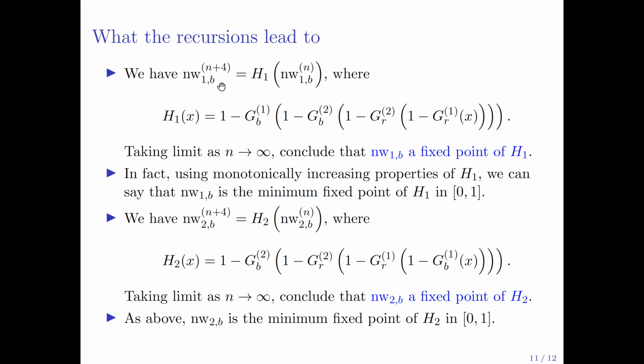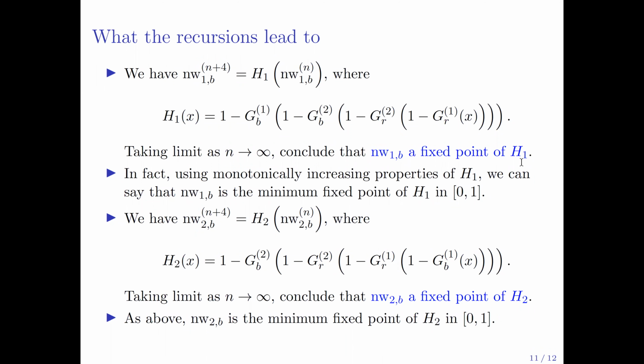So you're looking at NW1B superscript n plus 4, and that gets related to NW1B superscript n via a function of this form. The actual form of the function is not so important. What we can say is that when you take the limit as n goes to infinity, keeping in mind that capital H1 is going to be a continuous function, NW1B will be a fixed point of capital H1.